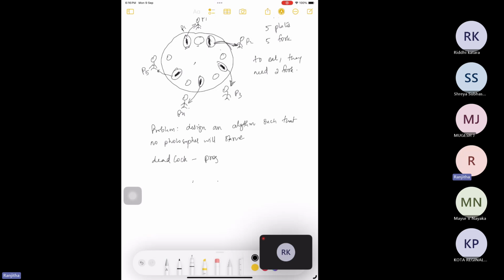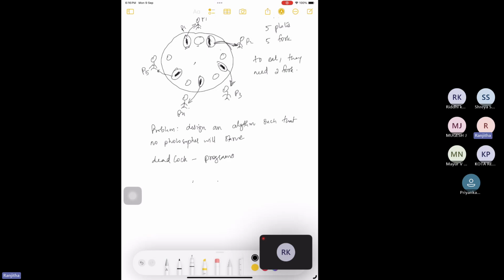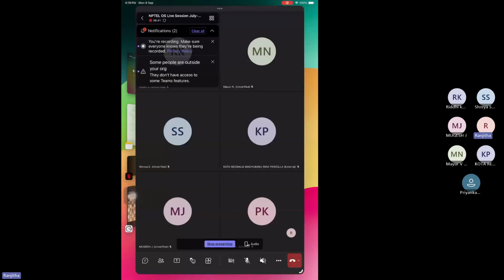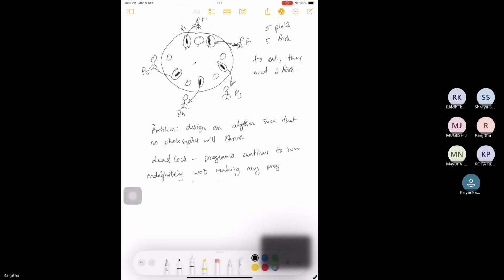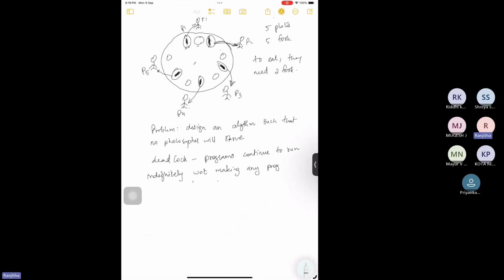That is, programs continue to run indefinitely without making any progress.